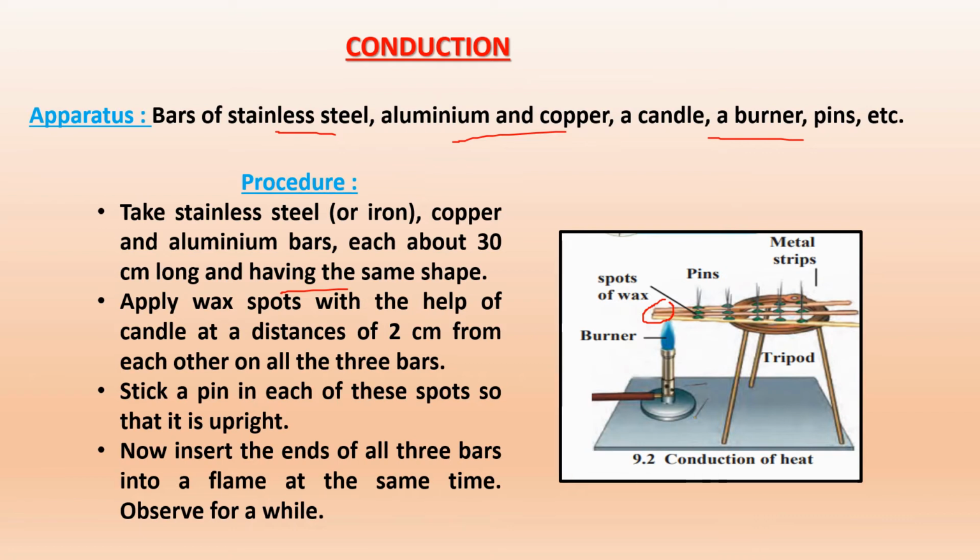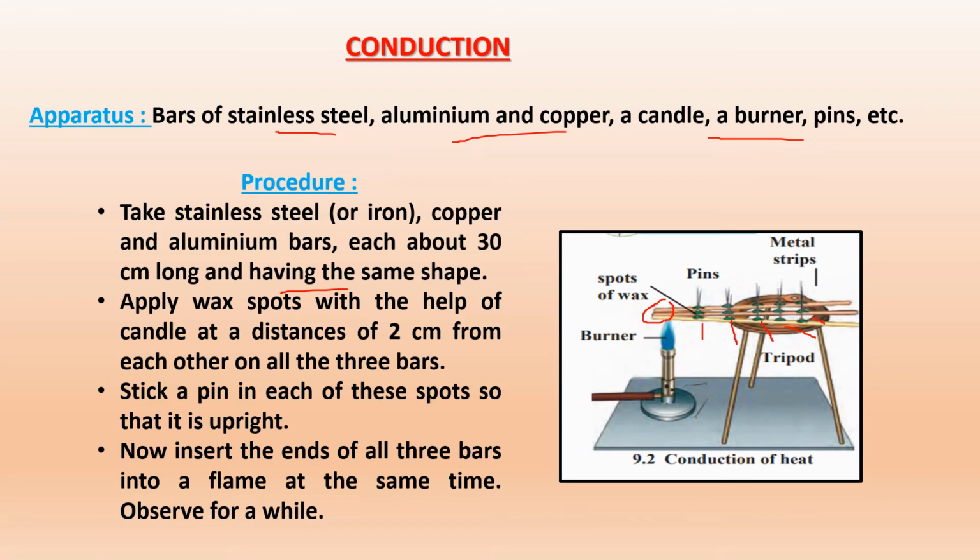So over here these green color spots, this is the second line of spots, this is the third, fourth and fifth. So these are the spots of wax and you have to put them 2 centimeter away on each bar.